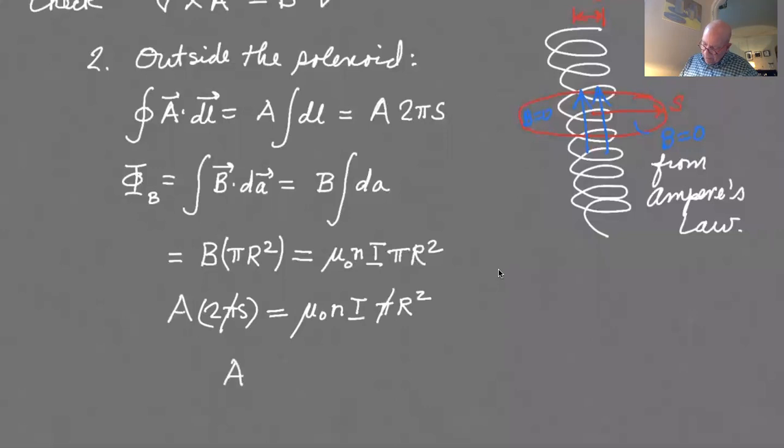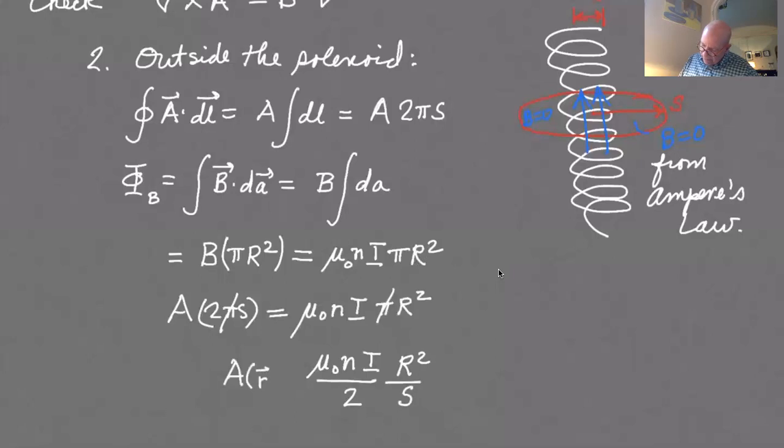We're left with A is equal to mu naught n I over 2. So it's going to be r squared over s.